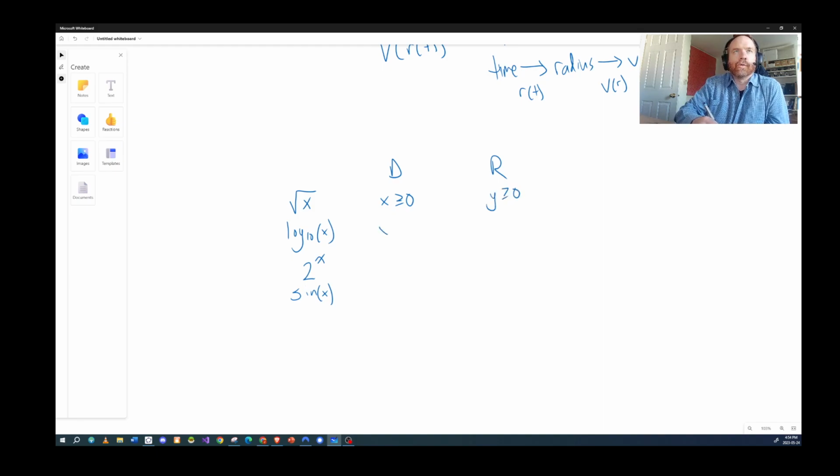Log has a domain of just greater than 0, not equal to, because it has an asymptote at 0, but it has a range of all values. 2 to the x has a domain of all values, but a range of only positive numbers. And sine x has a domain of whatever you want, and a range of negative 1 less than or equal to y less than or equal to 1.